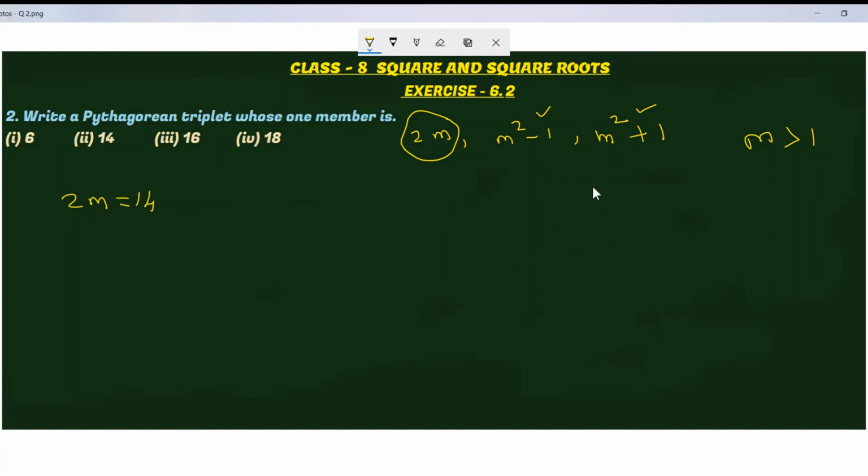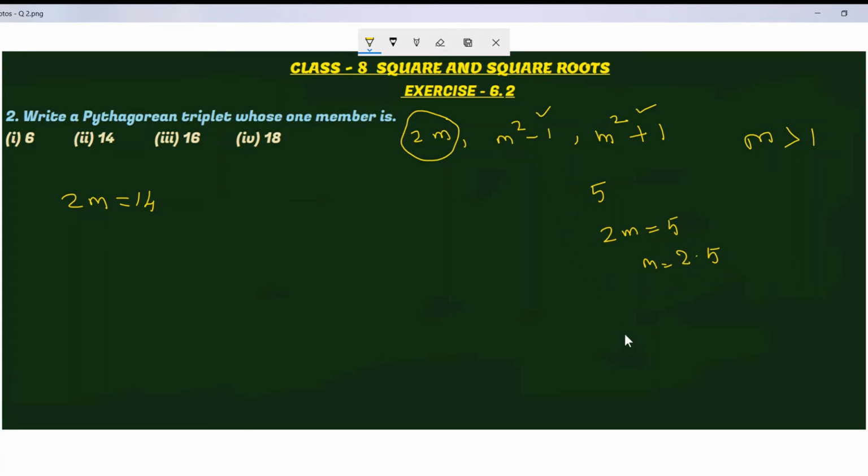If they have given 5, what will we do? If we take 2m is equivalent to 5, then our m will be 2.5, right? So this calculation gets tougher because it is a decimal number. So you need to take it differently.